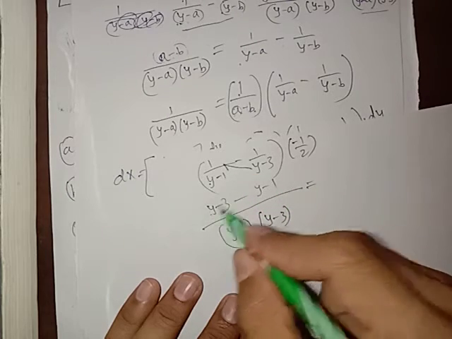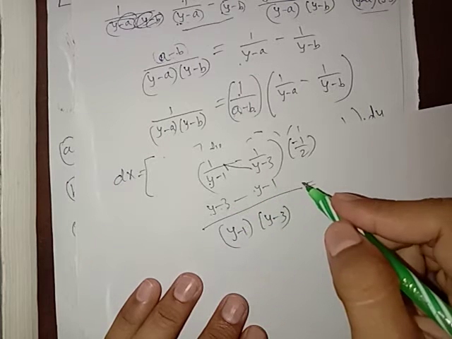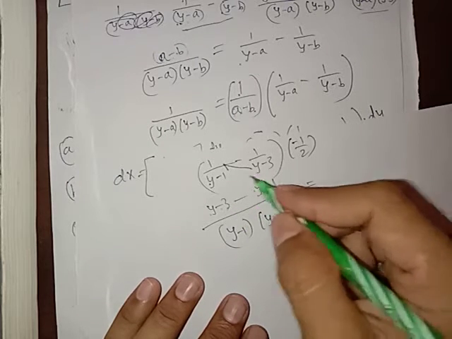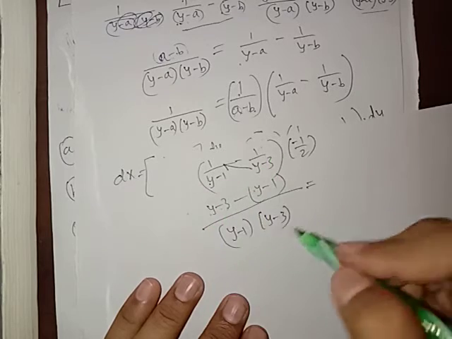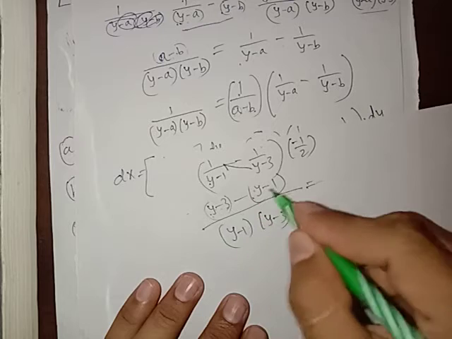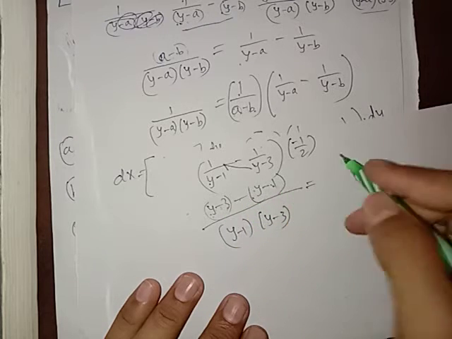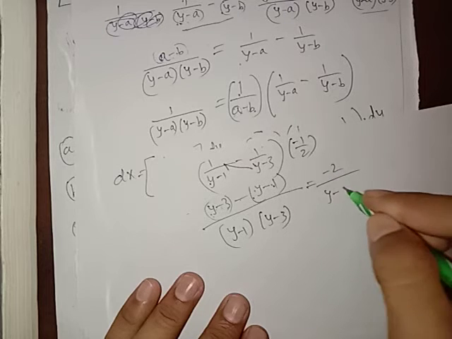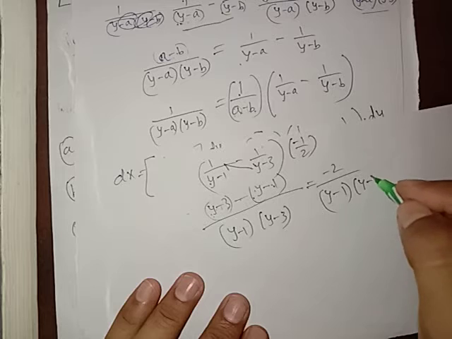Y minus y is 0, and minus 3 minus into minus plus, so minus 2 divided by y minus 1 into y minus 3.